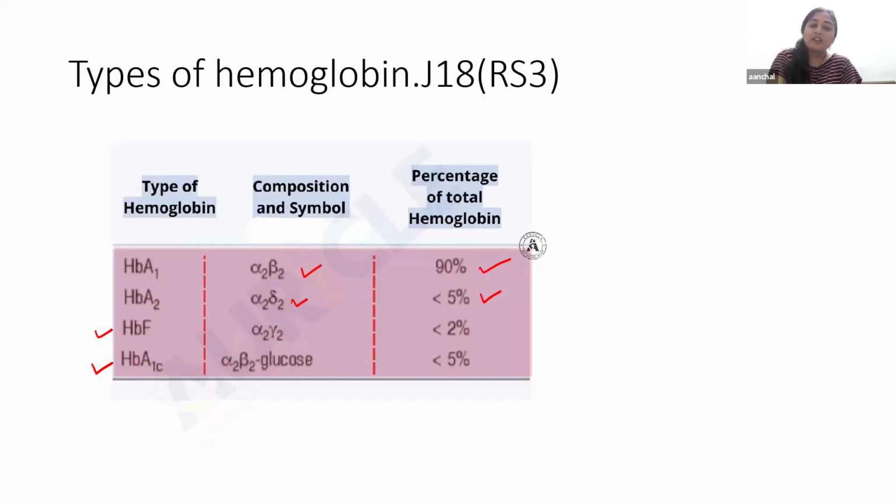In that we have alpha 2, beta 2, glucose chains, and approximately it is also 5%. Okay, so these are the different types of hemoglobin that are present, and the main difference in all the types of hemoglobin is the composition of chain. And this question is important because it has already been asked in previous year questions also. So all the students should remember these things.